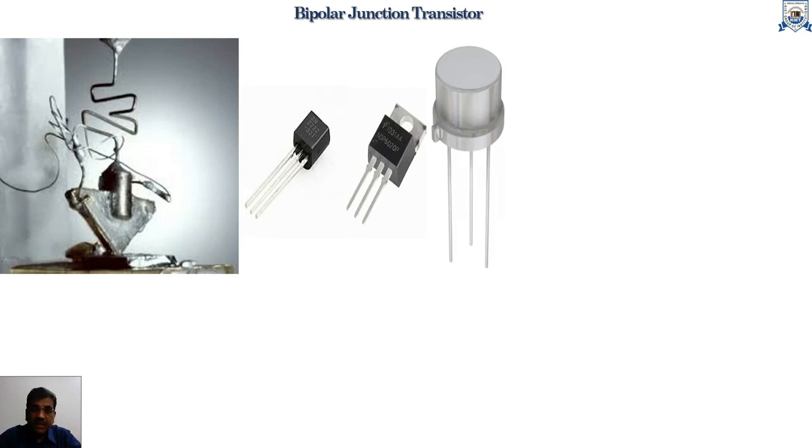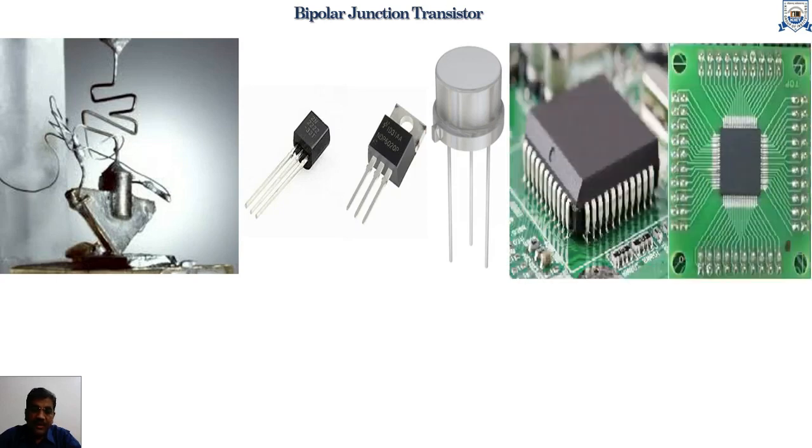This is the image of a modern bipolar junction transistor, which you can find in any electronic laboratory over the experimental bench. This is the external appearance of a digital integrated circuit, also known as an IC chip. Here the key element of the IC is the transistor, which acts as a switch.